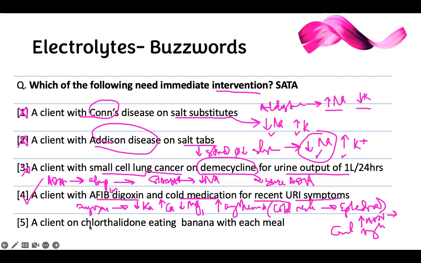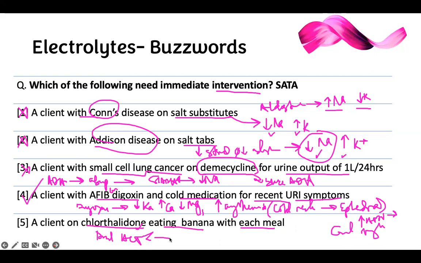A client on chlorthalidone, eating a banana with each meal. What is that? This is a diuretic. It's the same thing as HCTZ, hydrochlorothiazide.